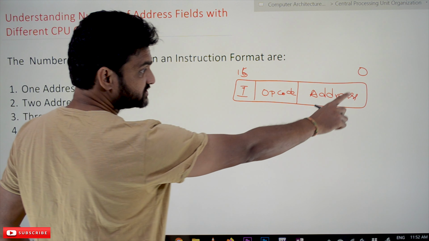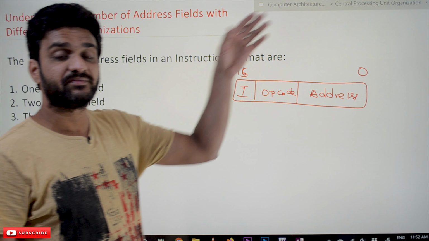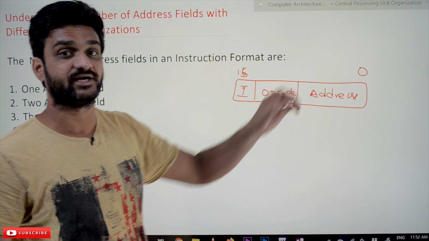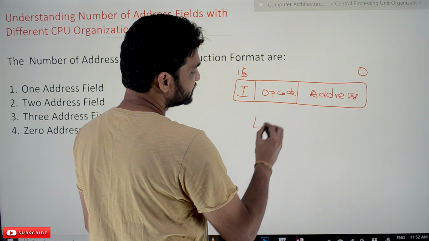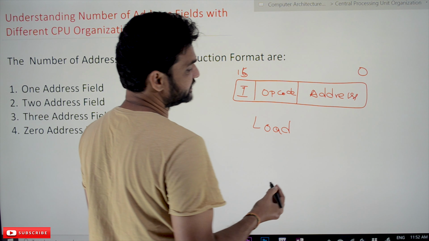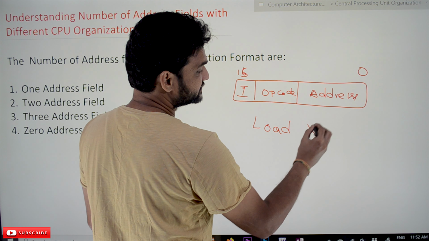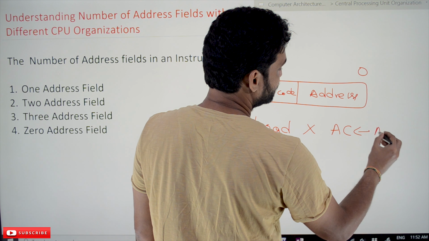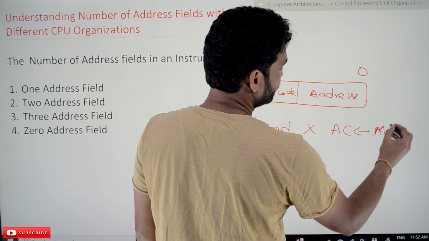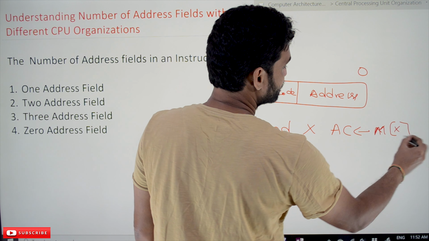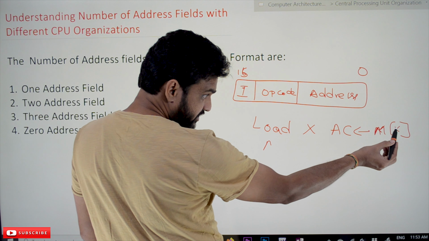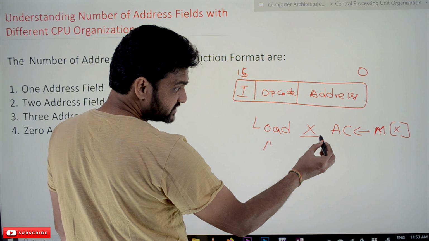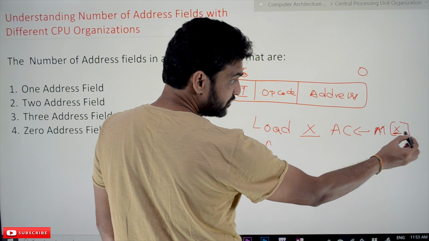We have only one address, and this address is going to be the memory location where the other operand is located. For example, if we want to load something onto the accumulator, it is load X. The micro operation for this is accumulator equals memory location X. The value located in the memory location will get transferred onto the accumulator, and this address gives the memory operand.